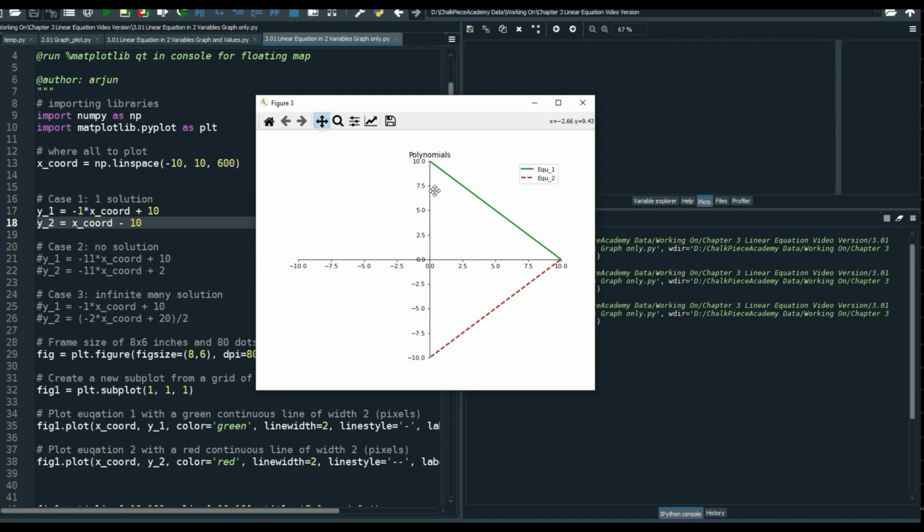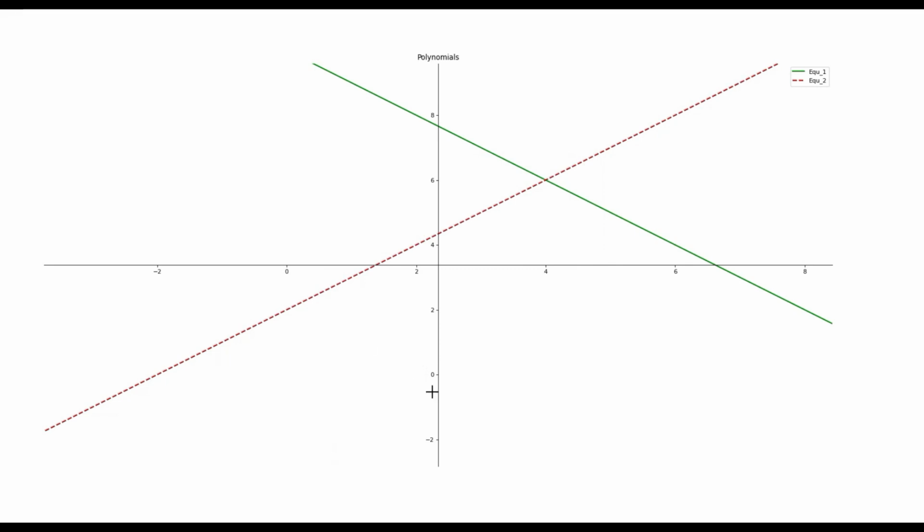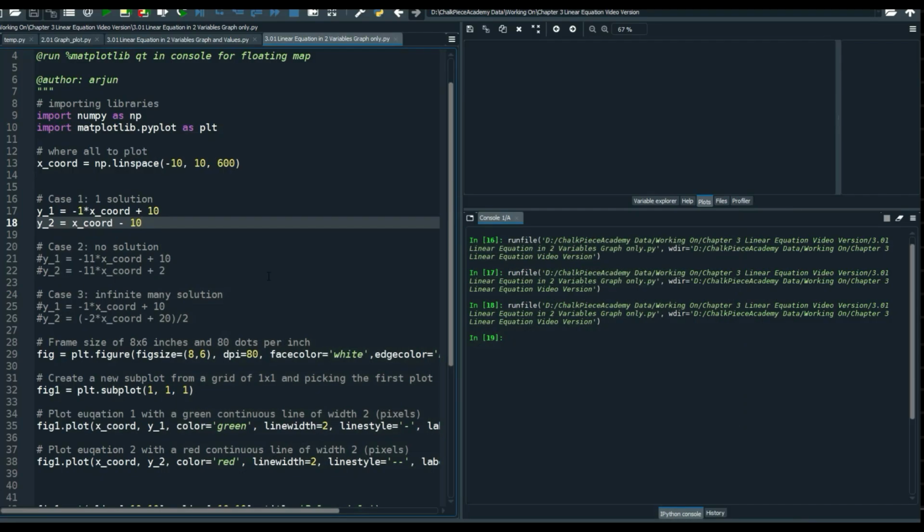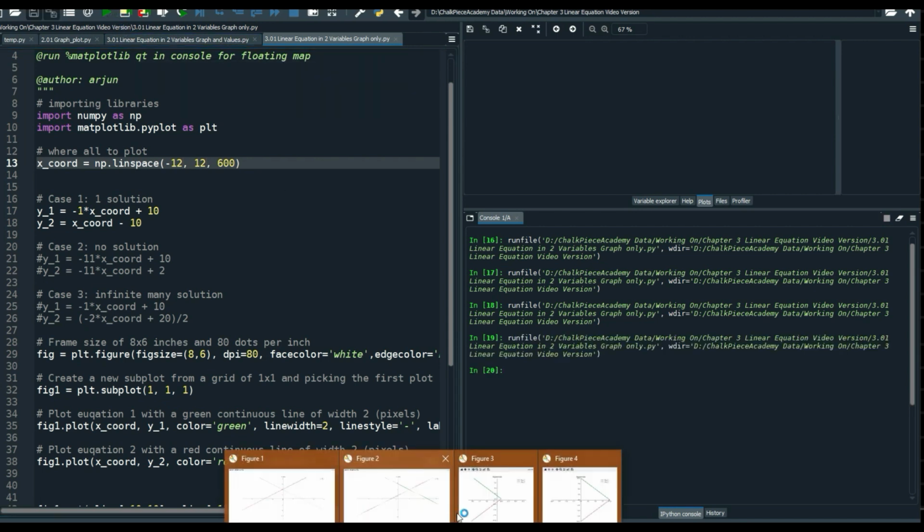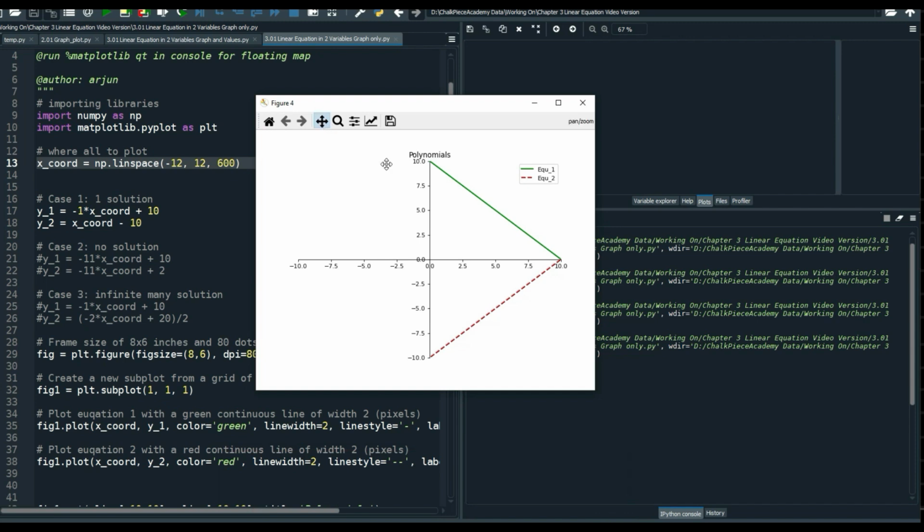And here too we can see that the lines are crossing one another. If it's not clear that it is so, I need to change this. Then you'll get to see the answer. So you can see the lines are crossing each other.